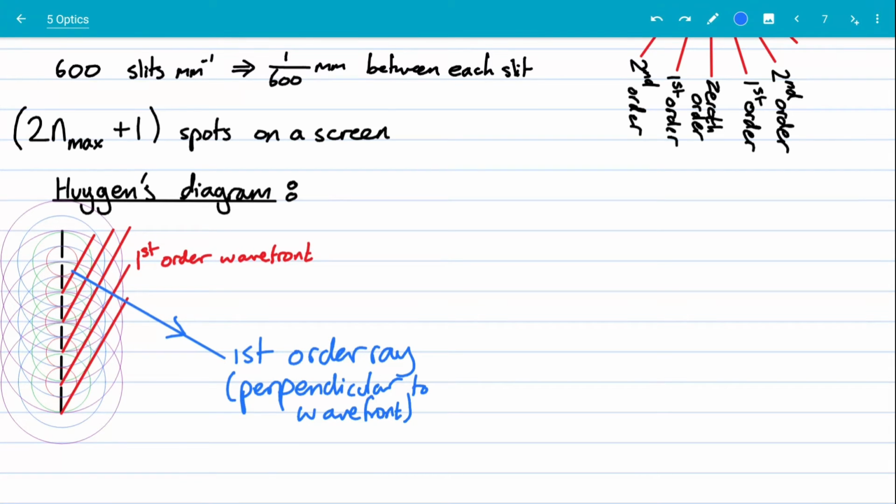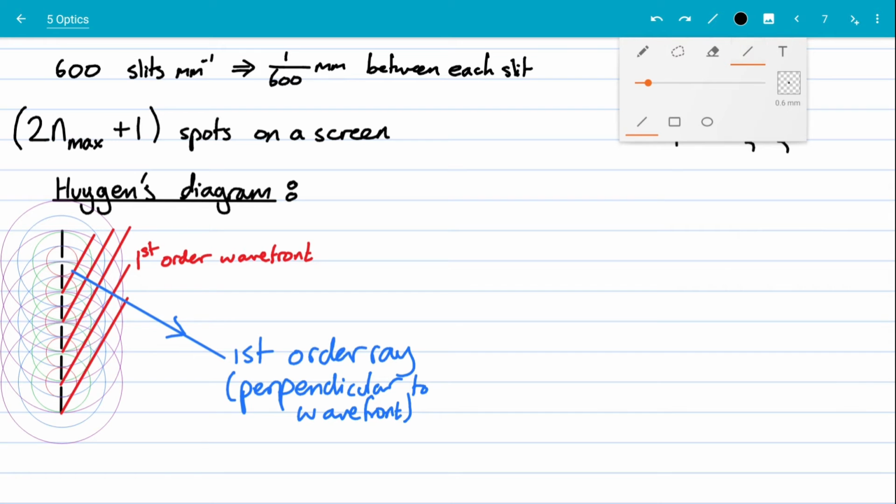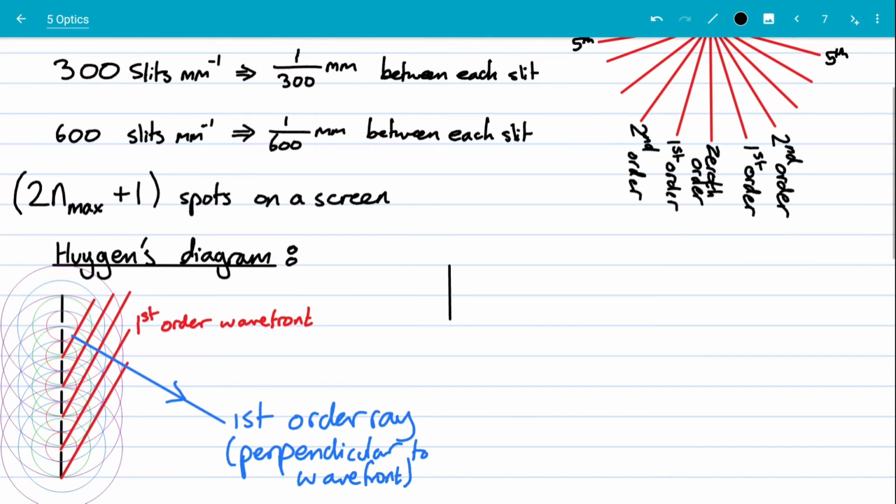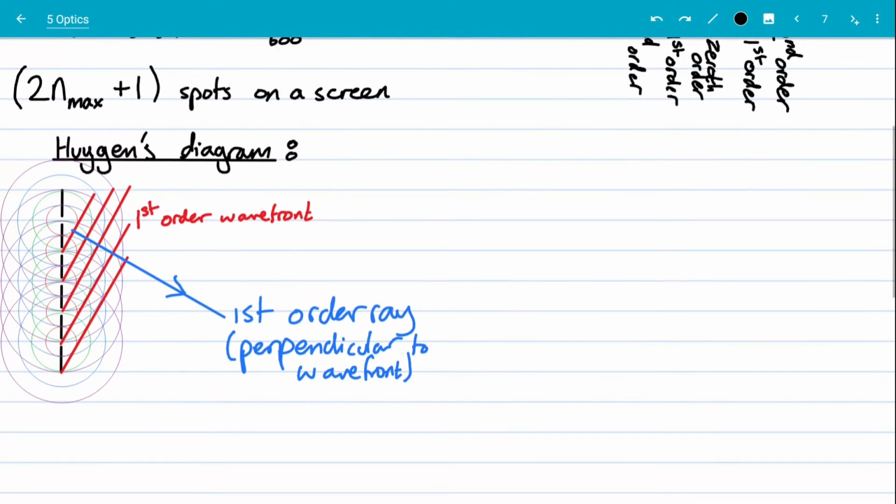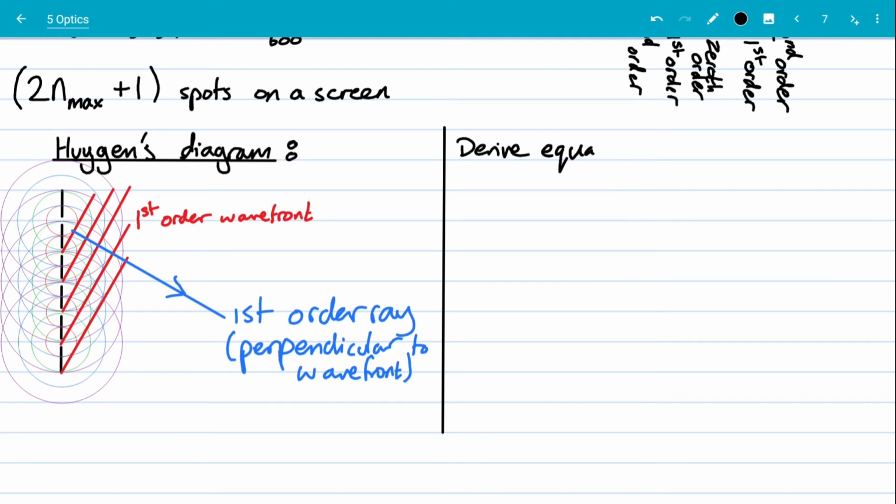So let's derive an equation then for the diffraction grating. So let's just draw a straight line straight down here, because we've got an idea of what's going on now. For each adjacent slit, we add 1 wavelength of path difference. So we can use that to derive the equation. Derive equation.